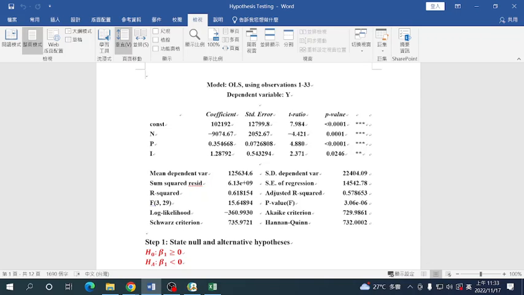The 5% in the F table is always the area in the tail, so the rejection region is always on the right-hand side. Then what is our F? It's 15 something, and the critical value is 2.92.